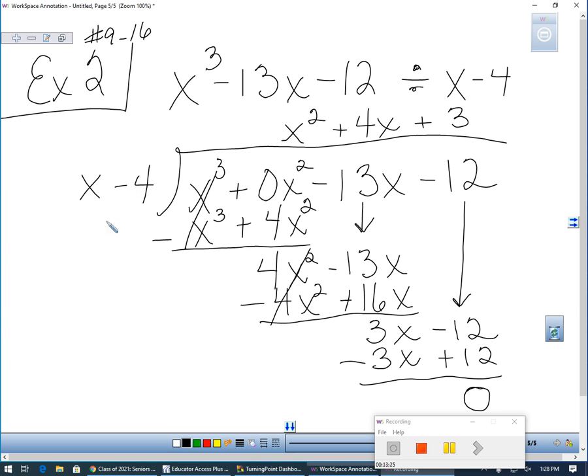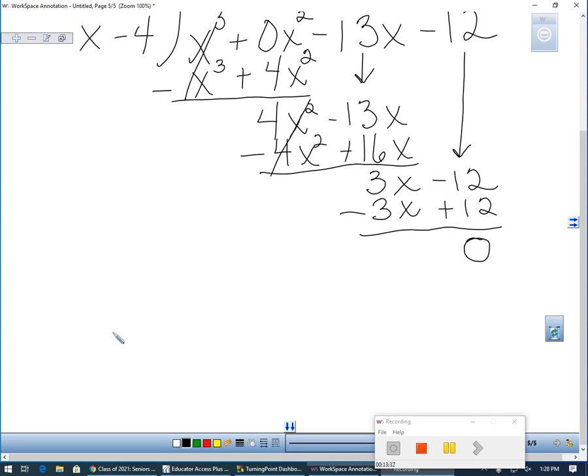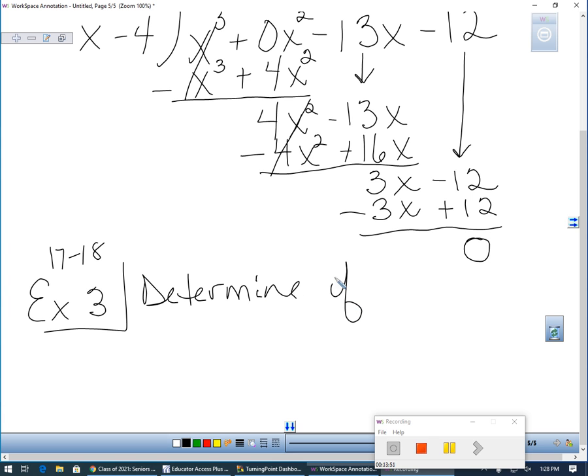Okay? The only reason I'm telling you is because in example number 3, which covers the last two problems, 17 and 18, determine if, let's go with x plus 3 is a factor of x to the third plus 4x squared plus x plus 6.